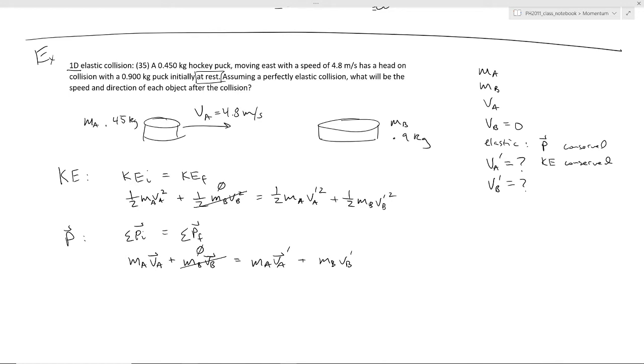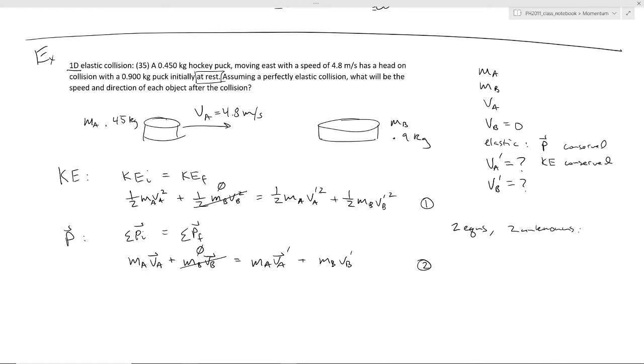Okay, so basically we have two equations and we have two unknowns. So we can substitute, for example, one into the other to eliminate one of our unknowns and then solve for the other.